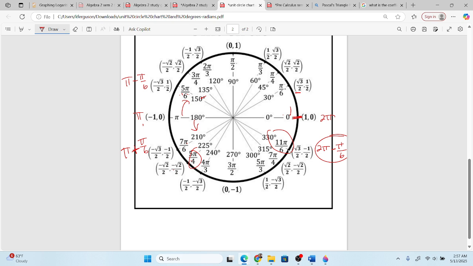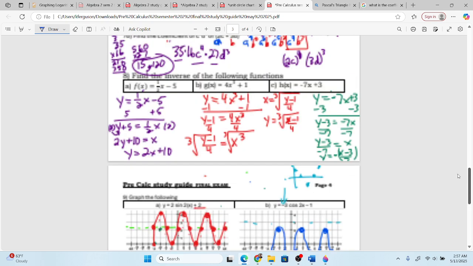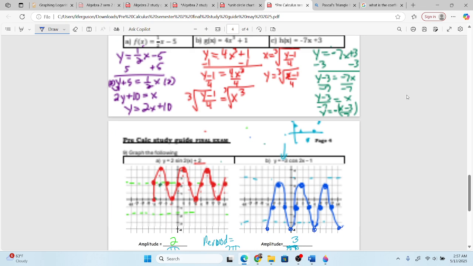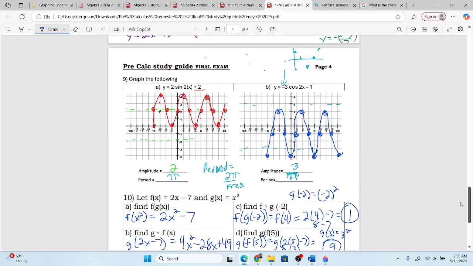Nope, it's not negative. There it is. It's 315. Kind of anticlimactic. It's 2 pi minus pi over 4. And that is all of them. I miss anything? No, I don't think so.